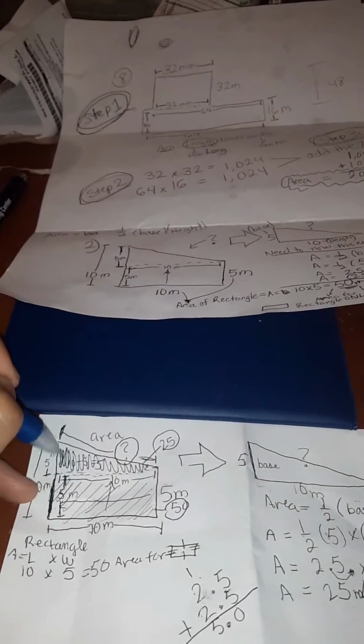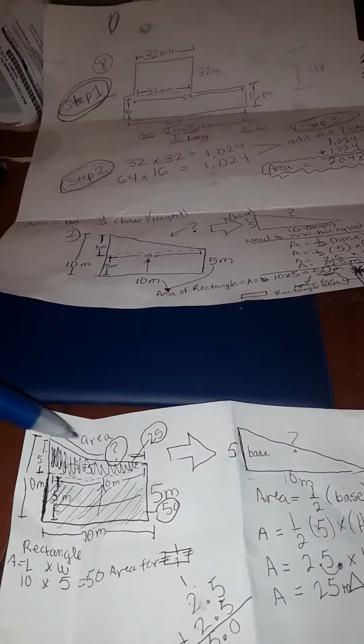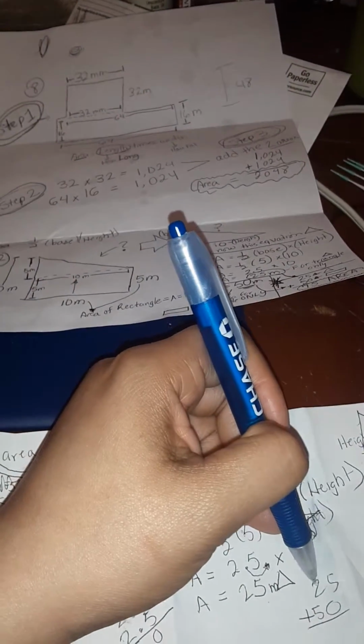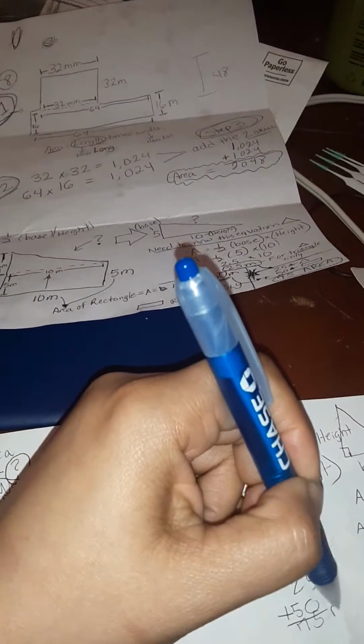They want the area of the whole entire shape, so you have to mix them together. So step 3 always consists of blending your shapes together. What's 25 plus 50? Think about quarters. What's 25 cents plus 50 cents? That's 75 cents. So that's your total area.